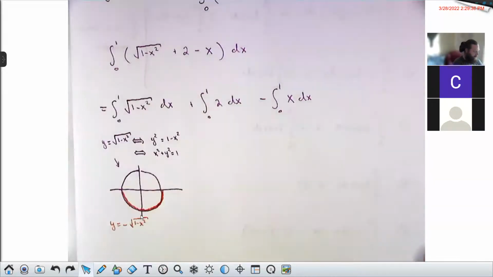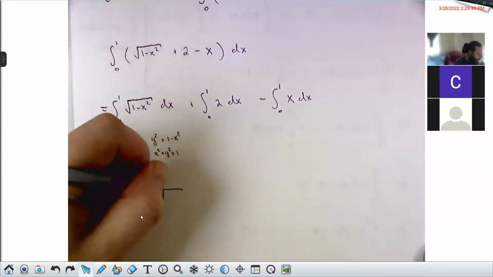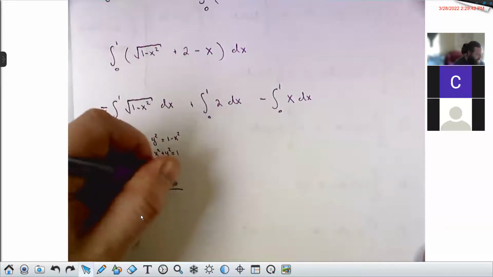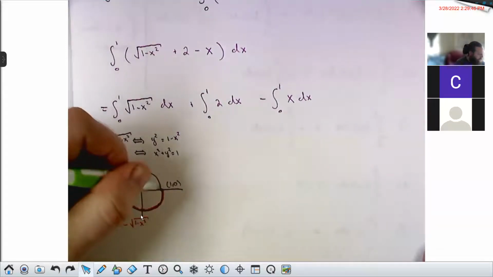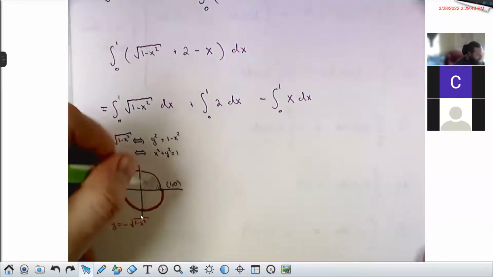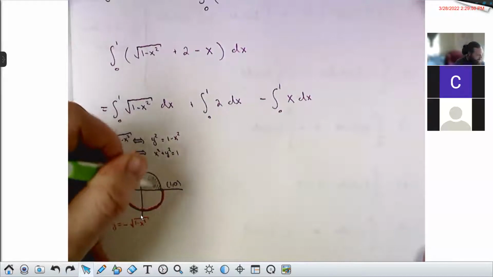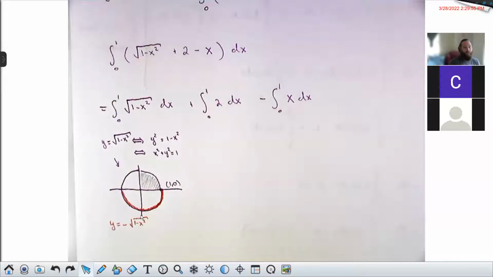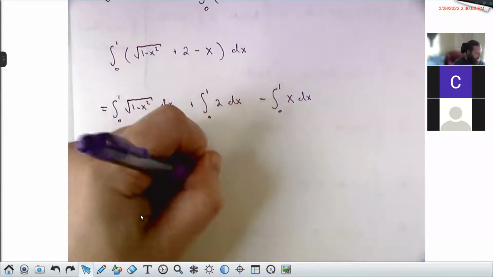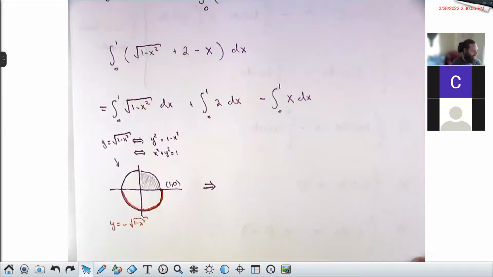And since it's a circle of radius 1 centered at the origin, this point here is 1, 0. So the area bounded by the purple curve and the x-axis from 0 to 1 is this, which is 1/4 the area of a circle of radius 1.